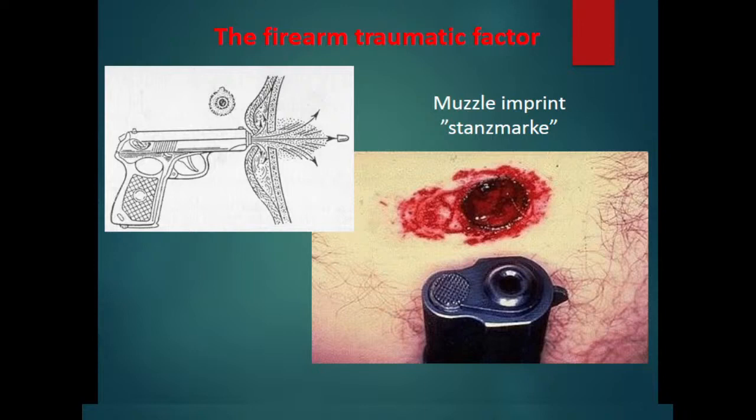If the muzzle is pressed to the skin, the gunpowder gases following the bullet need space for expansion. They leave the canal of the barrel and start distributing beneath the skin. They lift the skin and move the skin towards the barrel. So this is not the barrel hitting the skin. This is the skin hitting the barrel.